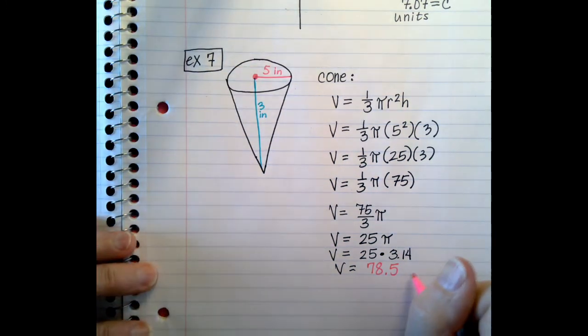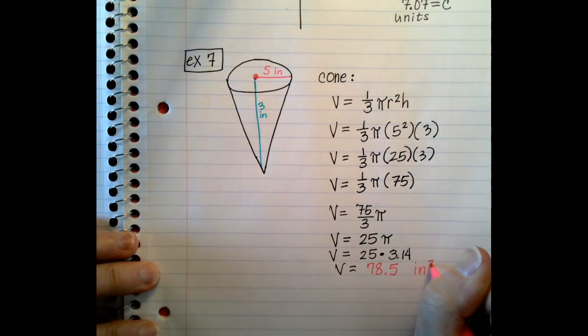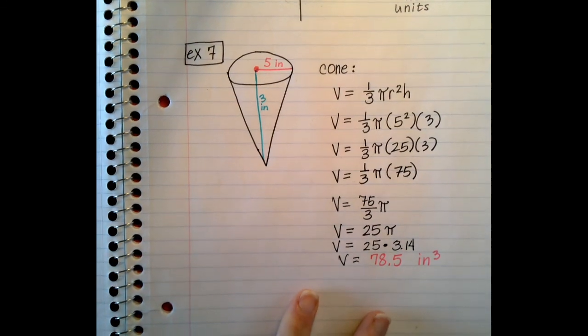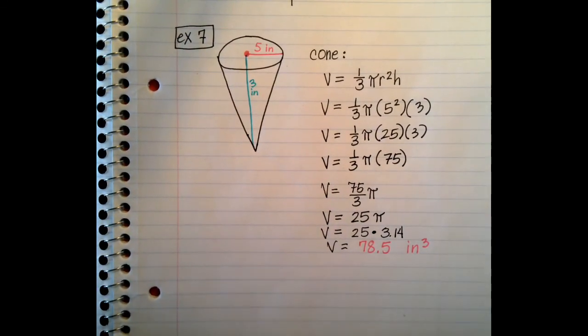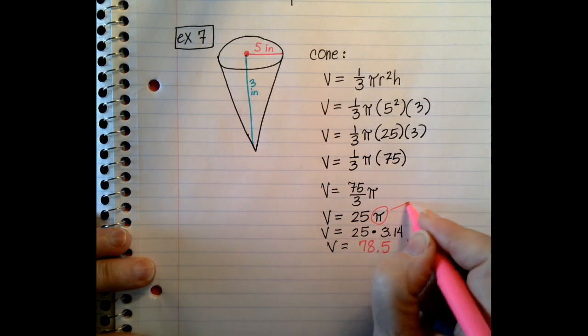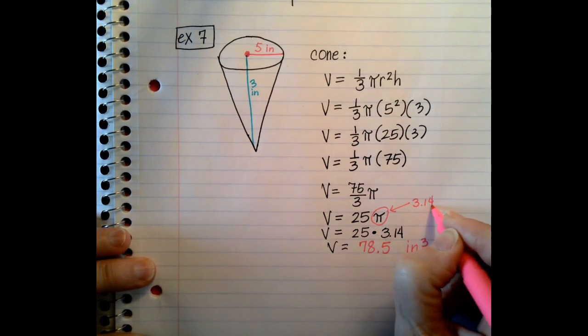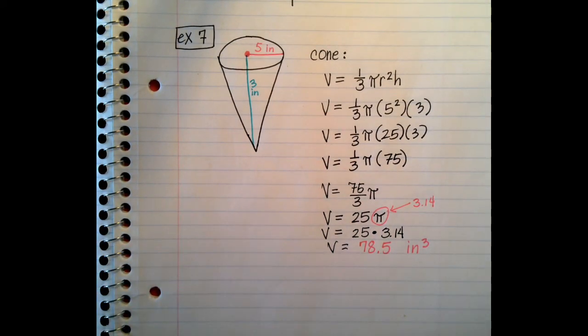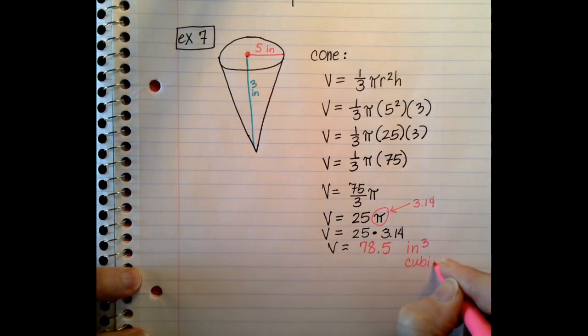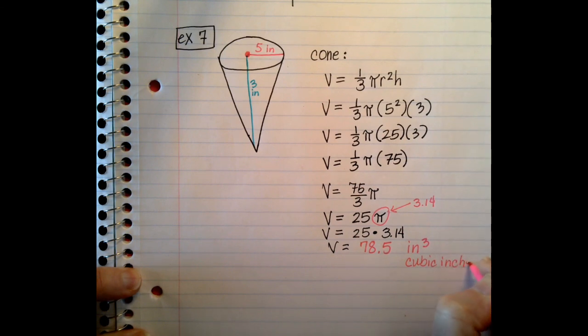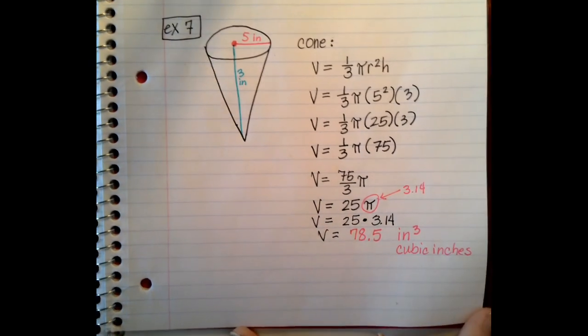Because my label is inches, I want to label it inches, and it should be cubed. Right? So all I did for right here was I plugged in 3.14 and I multiplied that. You might also see this written as cubic inches. That is the same thing in terms of your label.